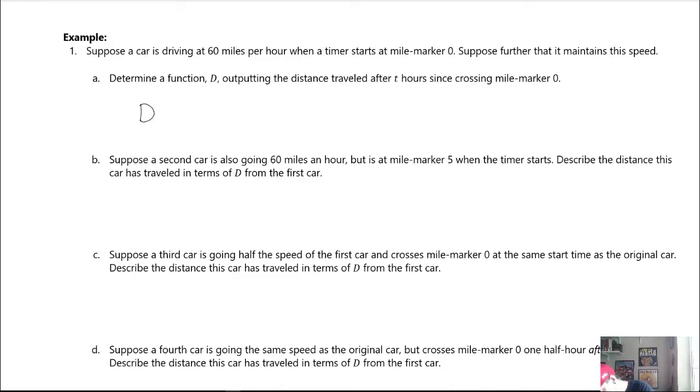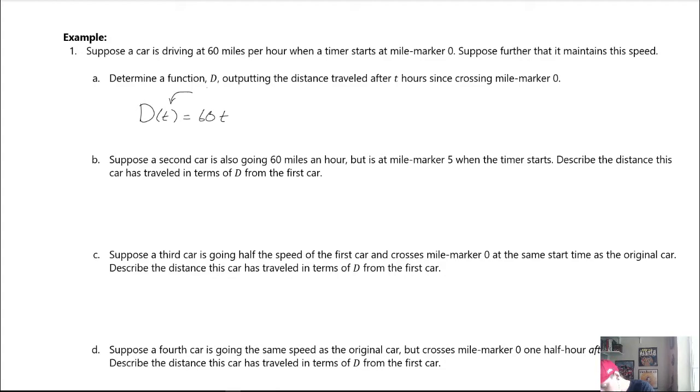So this is going to be pretty straightforward. The distance is going to be simply the distance as a function of t, so capital D of t equals 60 miles per hour. So that's 60 times t, where t is in hours.